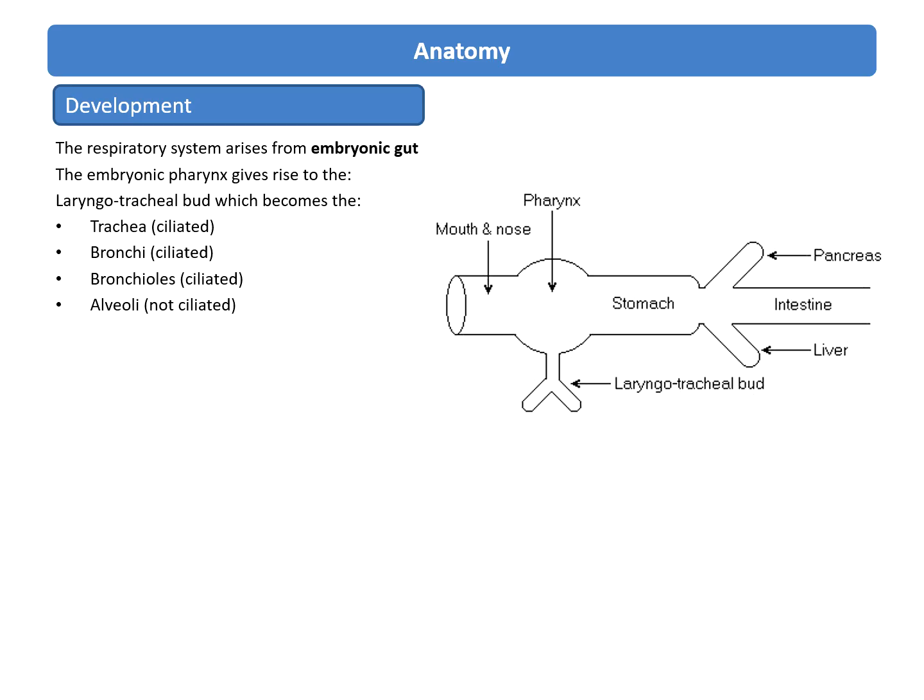It also gives rise to the alveoli, which are not ciliated. The embryonic gut also gives rise to the pancreas, the intestine, and the liver. Note that the nasal cavities are also ciliated.